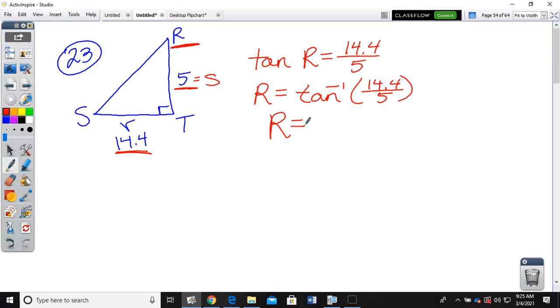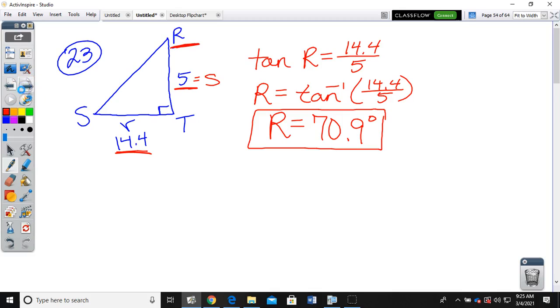How much? 70.9, and this is an angle, so I need to remember to put the degree sign. Yes. Okay? All right, that's all I need. Everybody good?